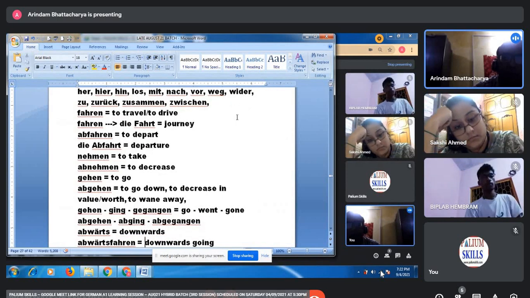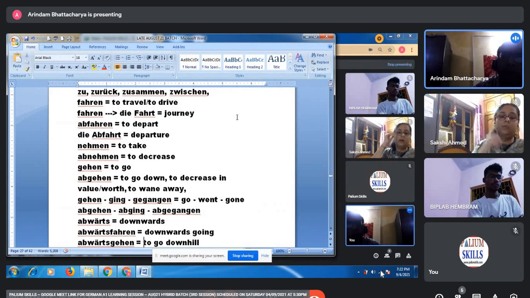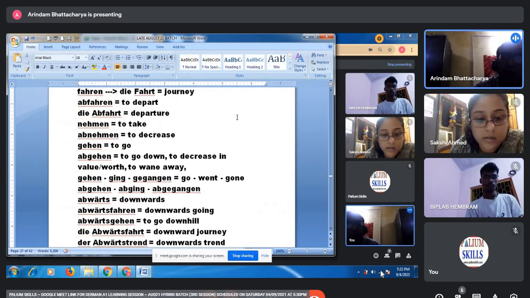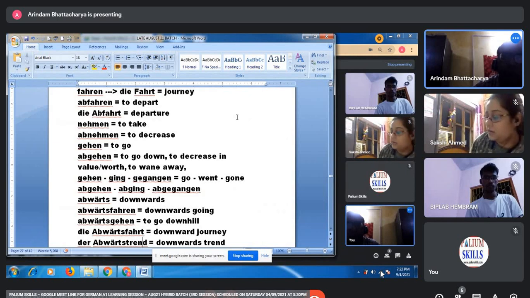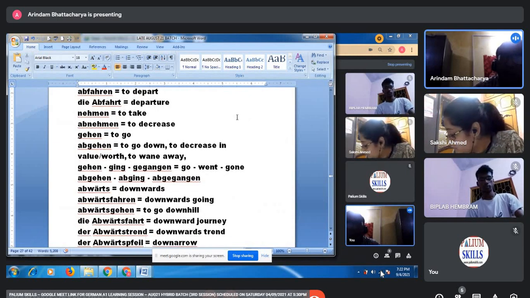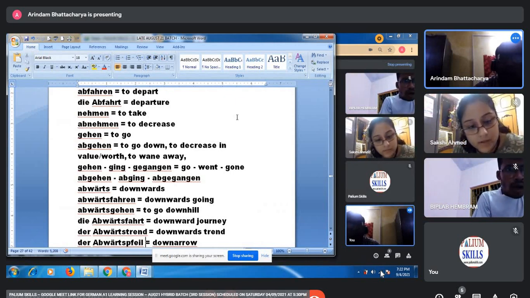Abwärts, downwards. Abwärts fahren, going downwards. Abwärts gehen, to go downhill. Abwärtsfahrt, downward journey. Abwärtstrend, downward trend. Abwärtspfeil, down arrow. Pfeil is P-F-E-I-L. Pfeil means arrow.